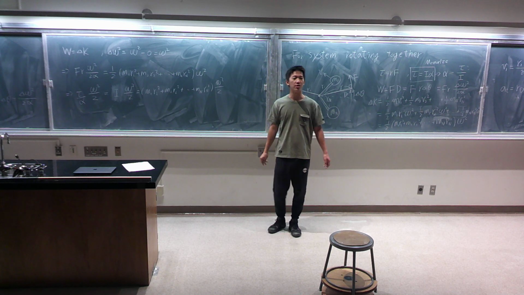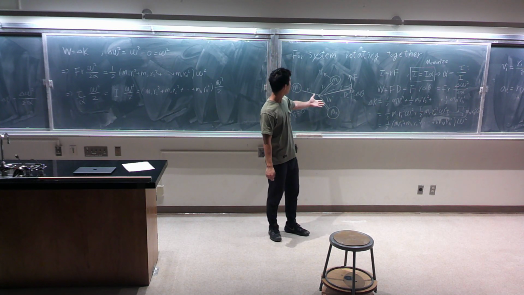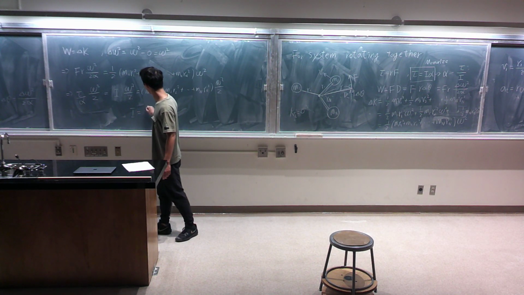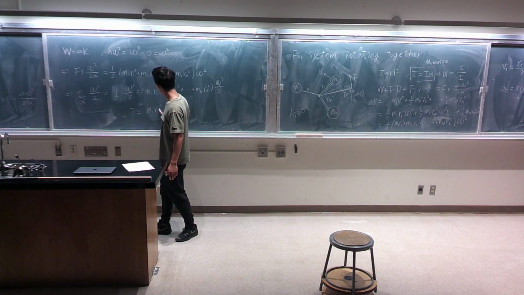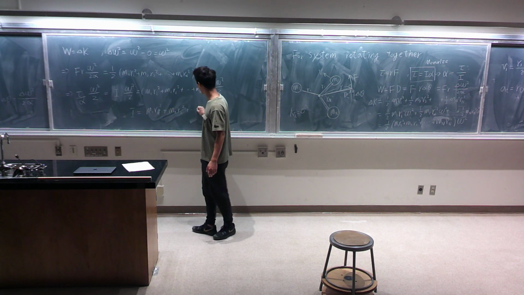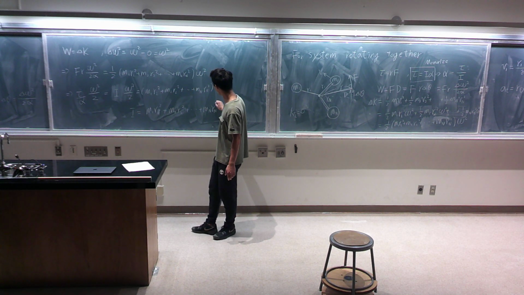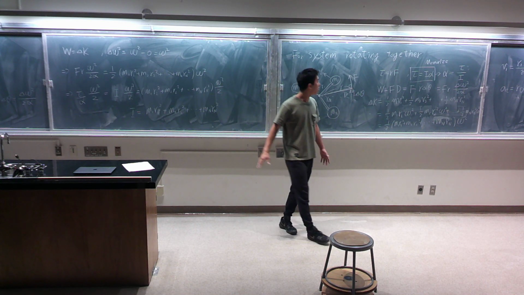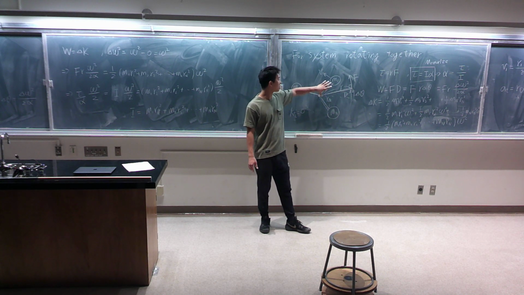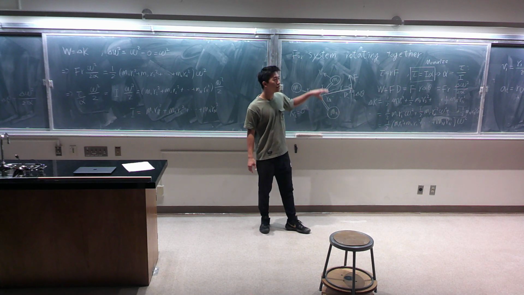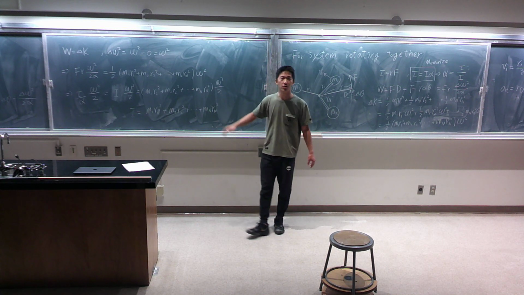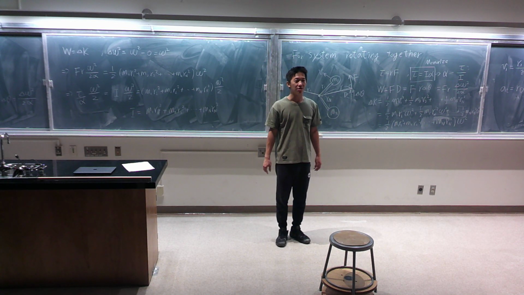So it's easier to see that the moment of inertia of this object is going to be the mass of all the particles times their distance squared and summed together. Remember that for just a particle, the moment of inertia is just the mass times distance squared. So if you have a lot of particles, you just add the moment of inertia of individual particles all together. That's easy. Good. Okay?